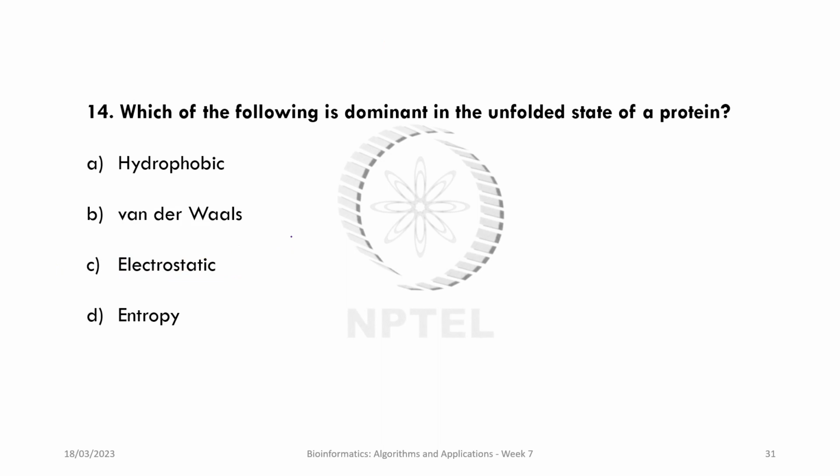Question 14. Which of the following is dominant in the unfolded state of a protein? Okay, Vijayanta says D. Is it A, hydrophobic, B, van der Waals, C, electrostatic, and D, entropy?